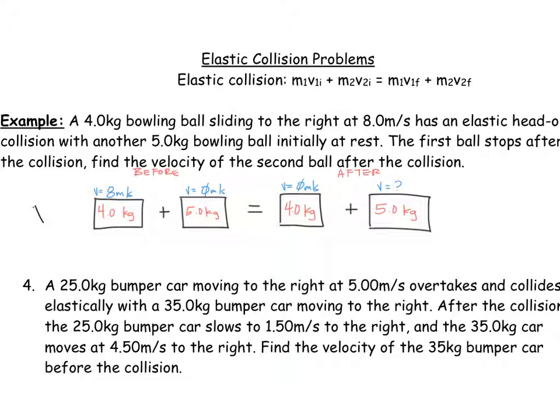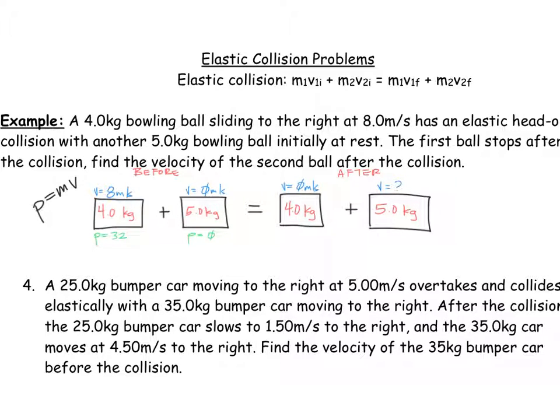If I look at this first bowling ball, it's got a mass of 4 and a velocity of 8. When I multiply 4 times 8, I get a momentum of 32. The second bowling ball, mass times velocity, 5 times 0 gives me a momentum of 0.